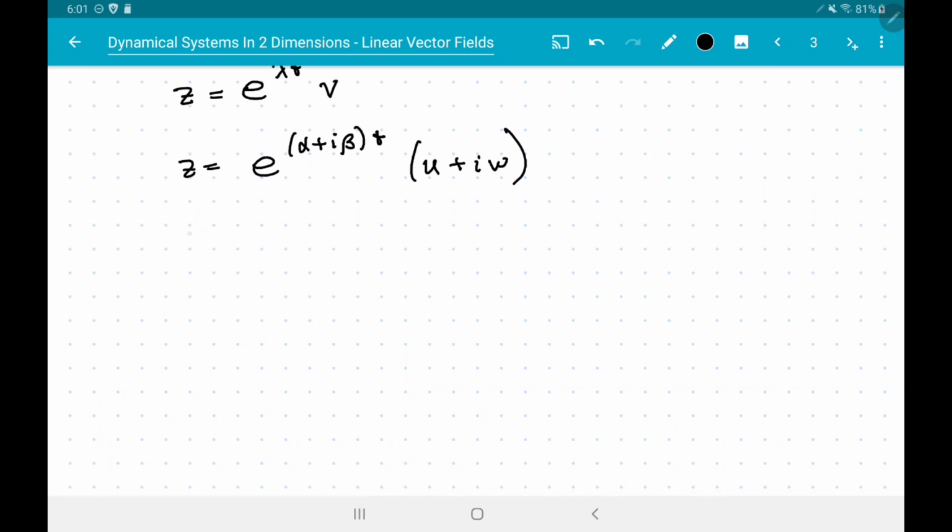When I expand all of this, the first thing I can do is bring e to the alpha t out front. That's just a real factor that comes out in front of everything. So that leaves us now with e to the i beta t times u plus iw.